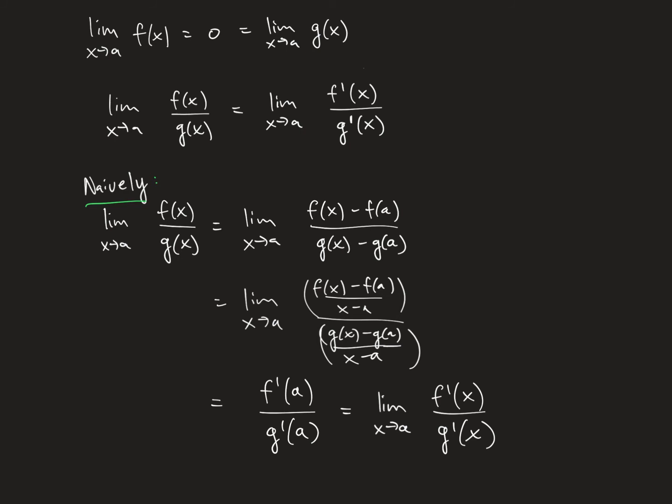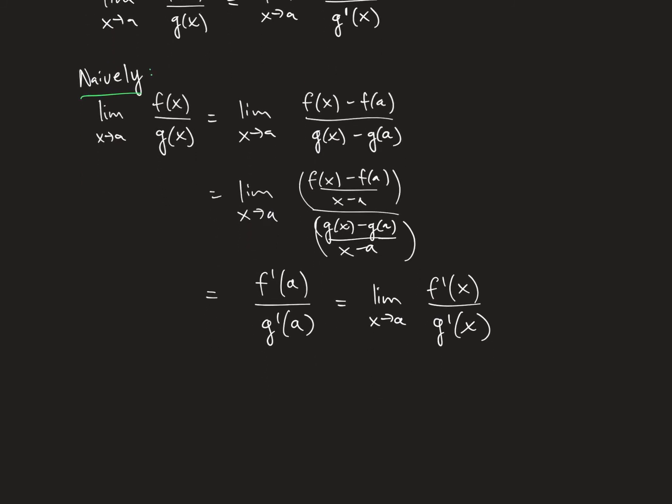So in order to make this computation, what we had to do is basically assume that our function was defined and continuous at a, and actually more than that, we assume that the function's derivative was defined and continuous at a.